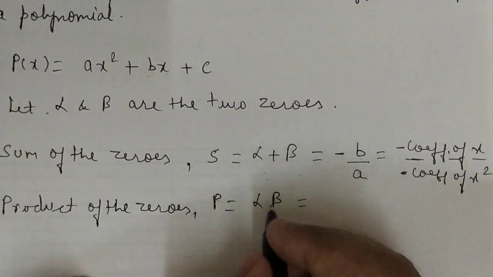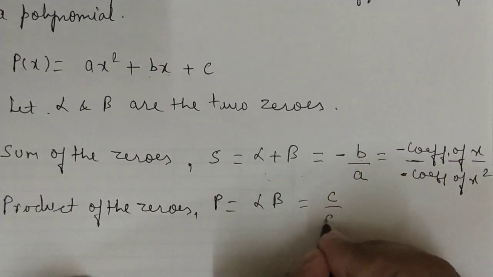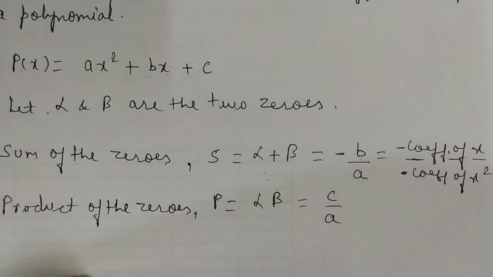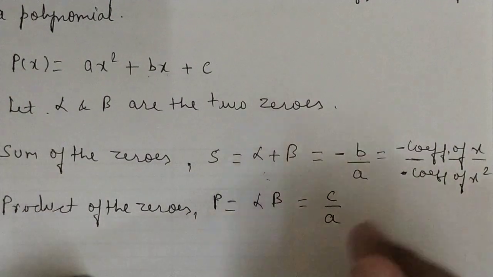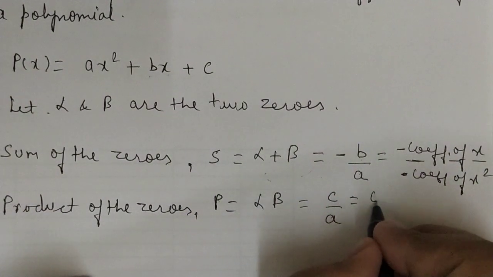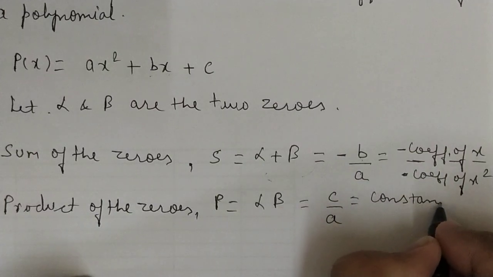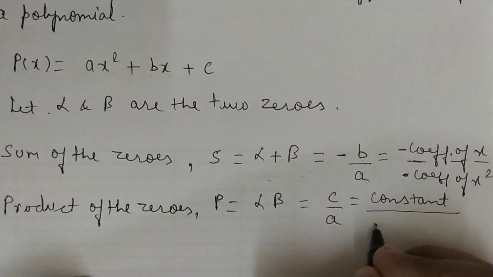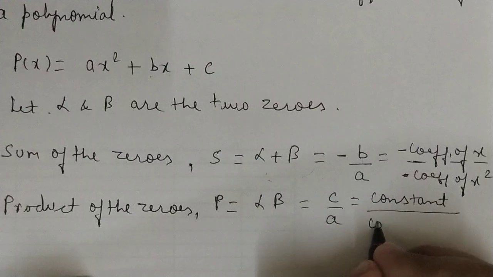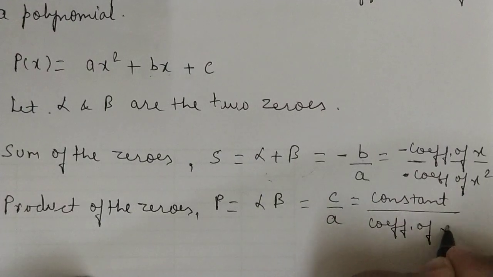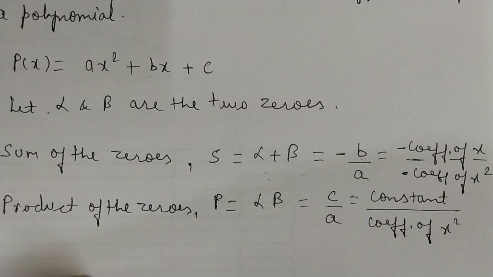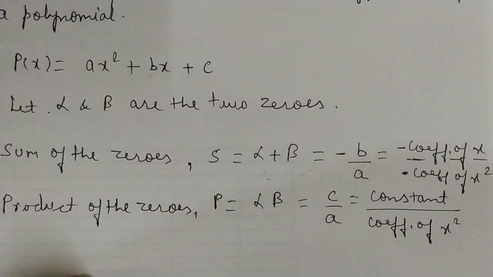In the same way, the product of the roots can be written as c upon a. Alpha into beta is equal to c upon a. C is the constant term, and in the denominator is the coefficient of x square. Is this clear?